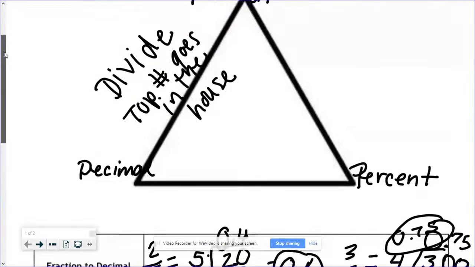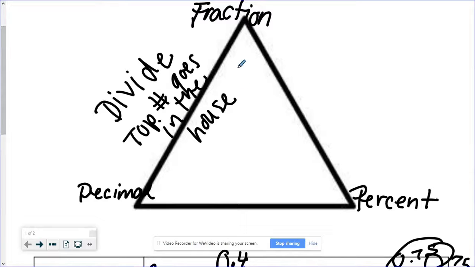I'm going to go back up to my triangle. So we learned how to take a fraction and turn it into a decimal. So now I'm going to talk about how to turn a decimal into a percent.